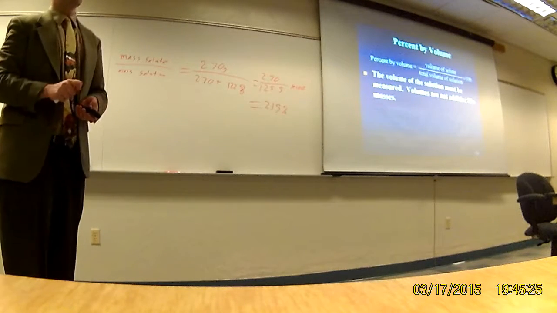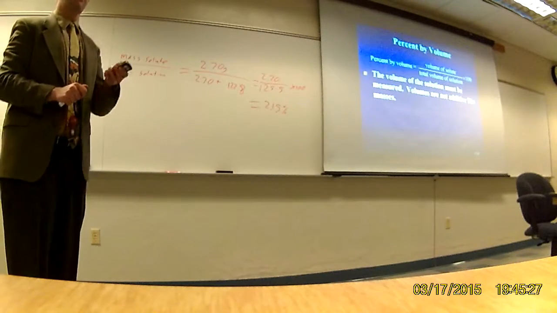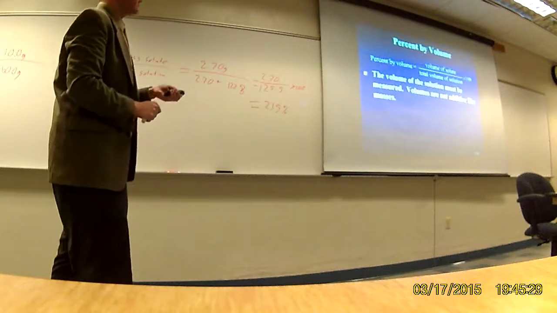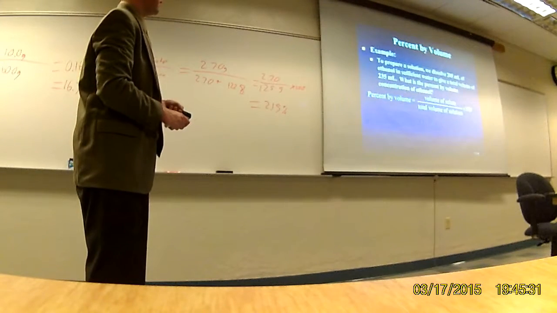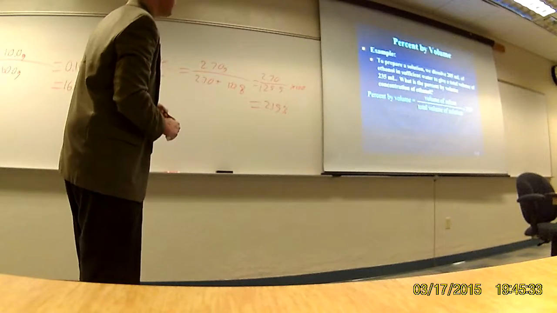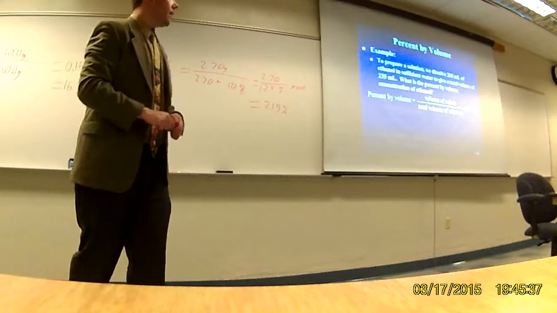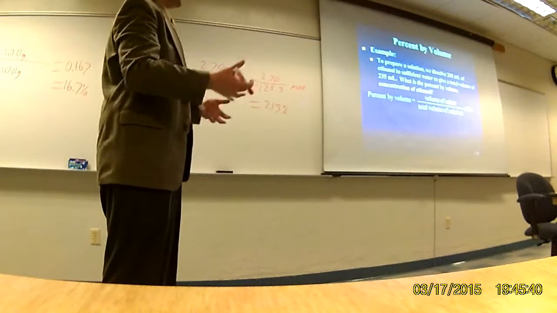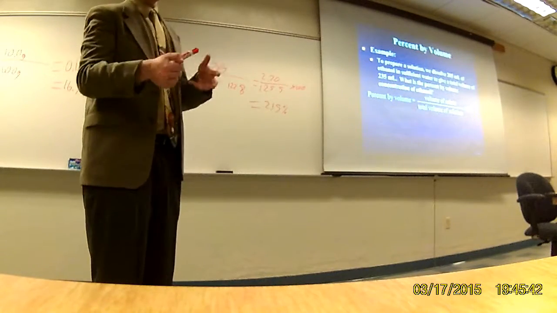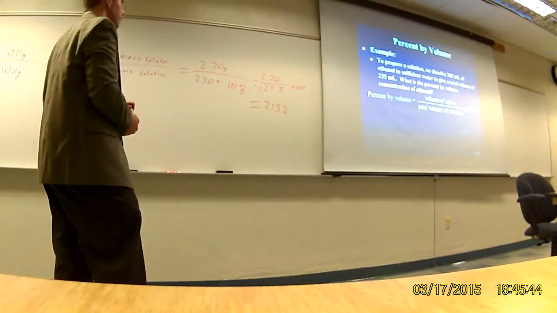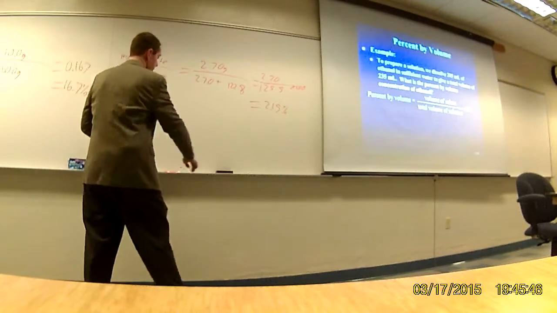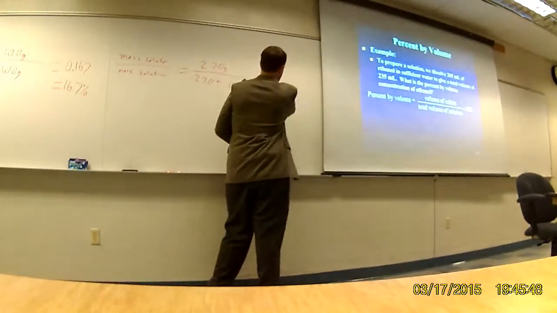Percent by volume is the same exact math, you're just dealing with volumes instead of masses. So we're taking 205 milliliters of ethanol and enough water, it doesn't say how much, to give us 235 milliliters of solution.